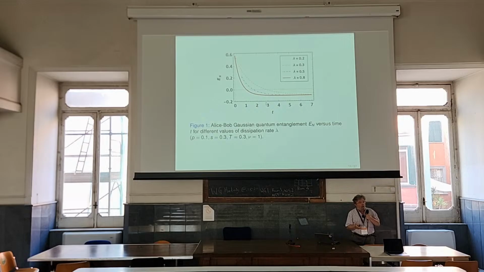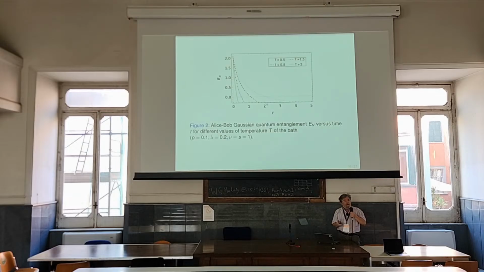And I will show you now the behavior of initial entanglement of Alice and Bob during the interaction with the environment. As expected, entanglement is decreasing in time due to the dissipation of the environment. Entanglement decreases also by increasing the temperature of the environment. And you see that at some moment of time, if we have an initial finite entanglement, it disappears in a finite moment of time.